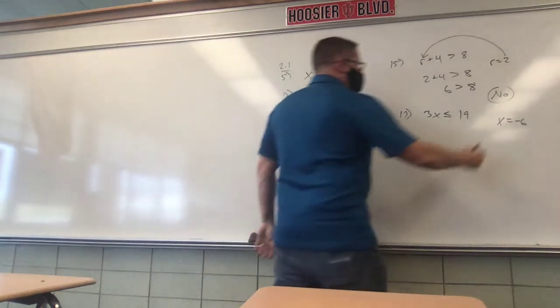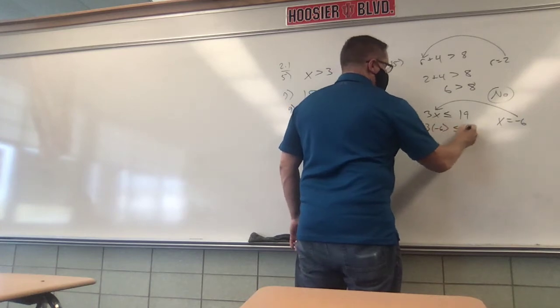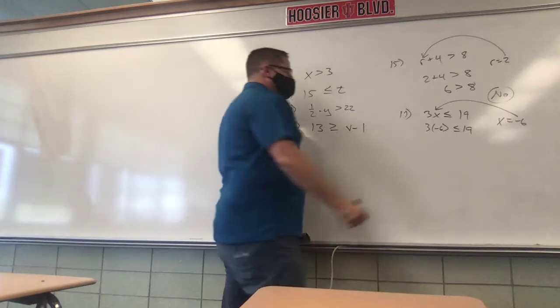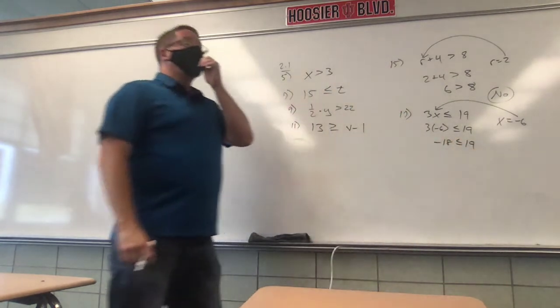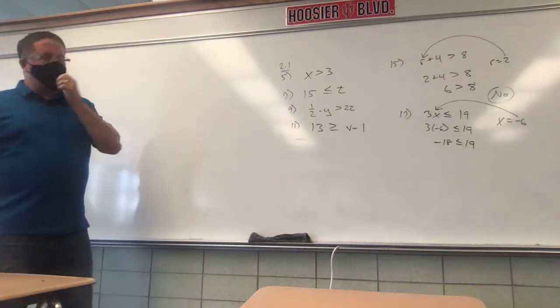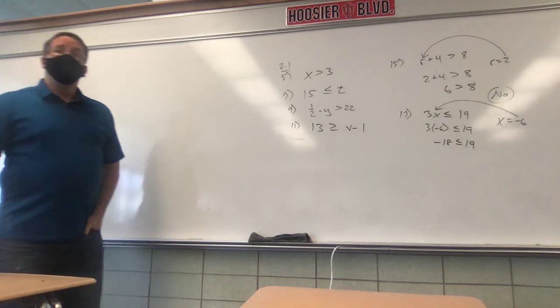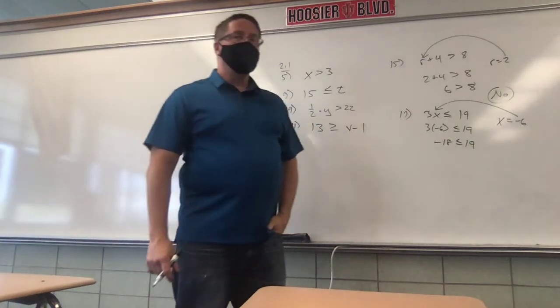Well, let's check. Plug in negative 6. 3 times negative 6 is negative 18. Is negative 18 equal to 19? That's wrong. You've got to know what the sign says. It doesn't say equals. It says less than or equal to. Can you see that sign?